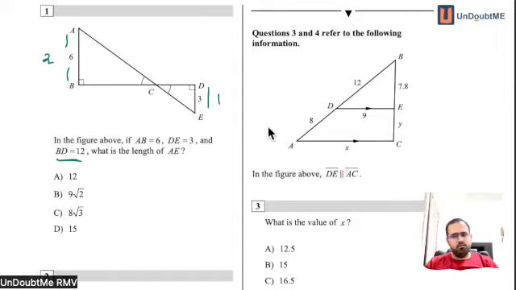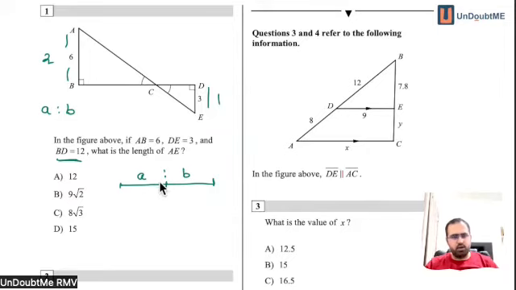It doesn't make sense how it'll be 9 and 3. You don't have to do guesswork. There is a way with which we can do it. I'll tell you that method. If there is any length which is divided in the ratio of A is to B, this is the ratio.